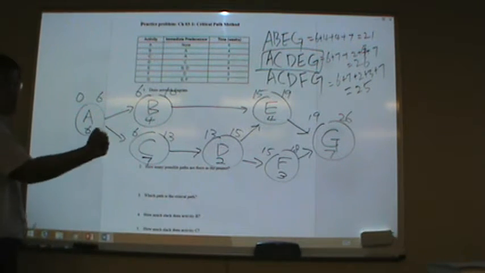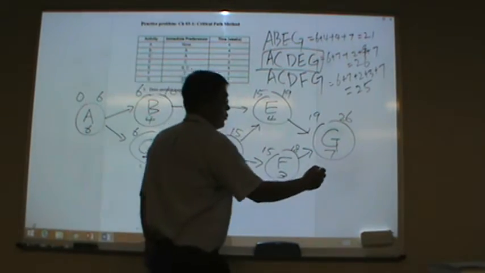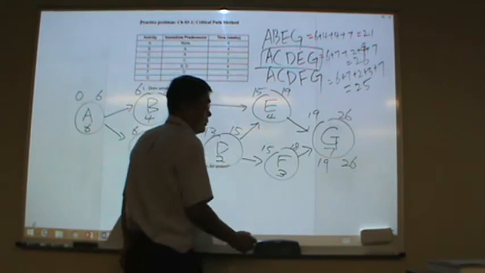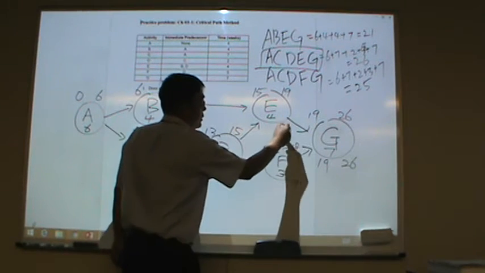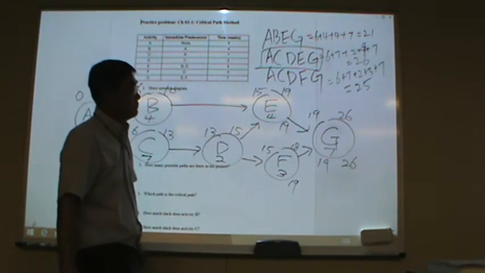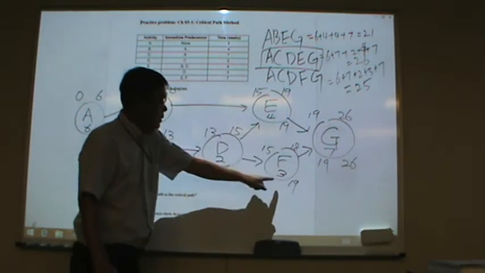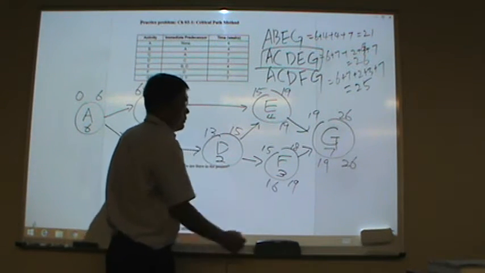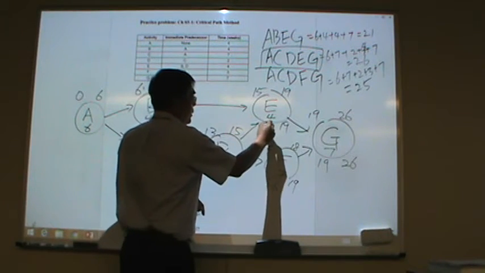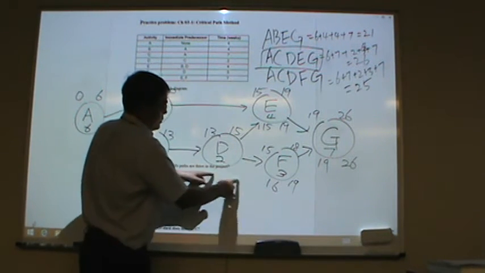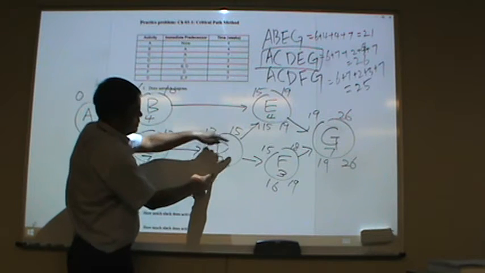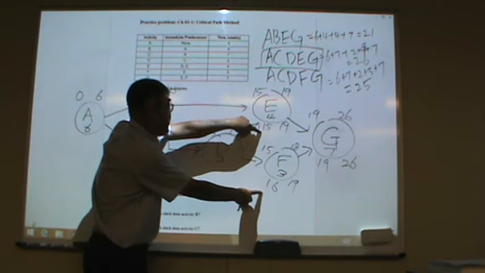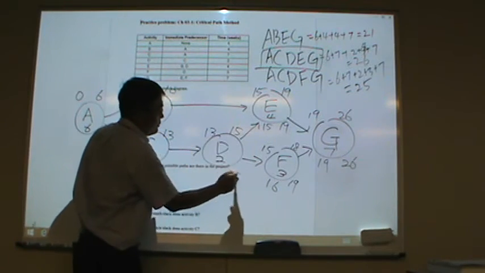And then backward, 26, 19, right? Minus 3, 16. Minus 4, 15. This one, right? 15 and 16, which one? The earlier one, 15.